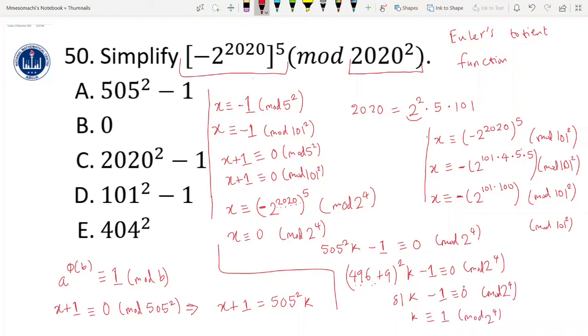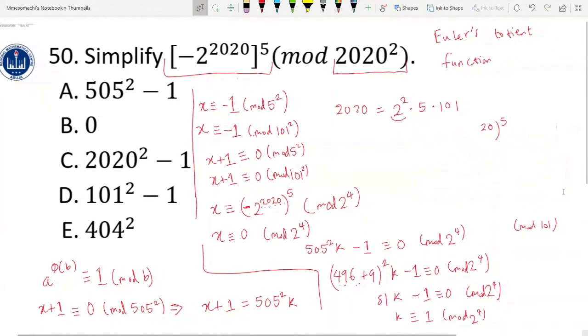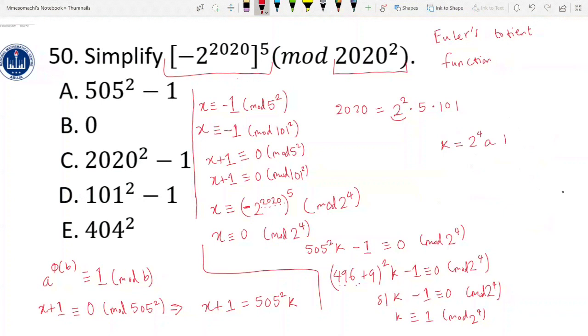Okay, so let me just erase some things here. Okay, so we can express our k as a multiple of 2 to the power of 4. So we can say k is equal to 2 to the power of 4a plus 1.